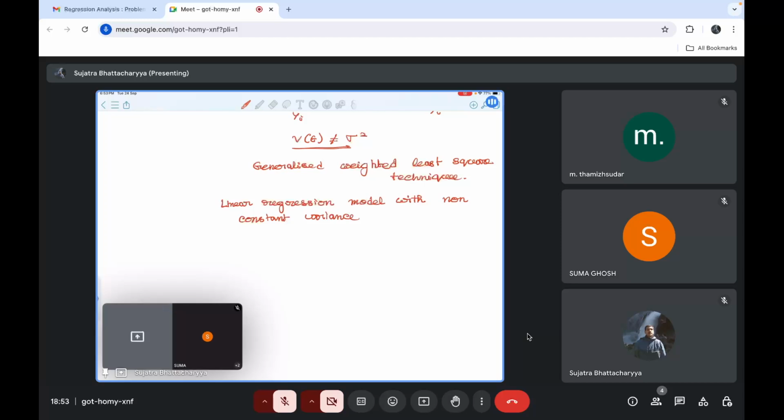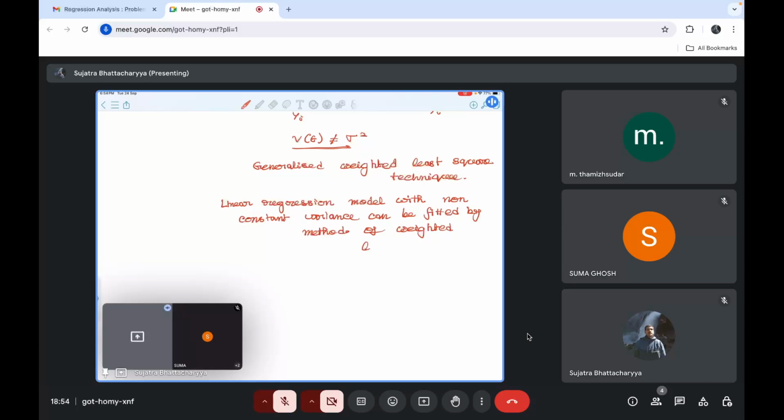So a model with non-constant variance can be fitted by the method of weighted least squares, which we will be doing. First we will see it in theory, and then we will apply it in the question.